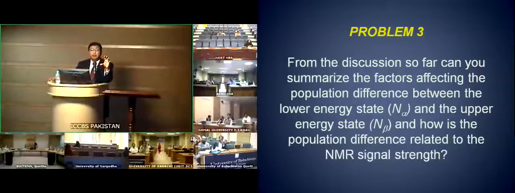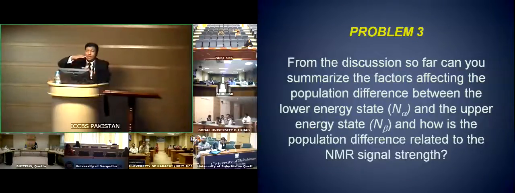And I told you that the population difference is your NMR signal, right? And I also told you that del E is directly proportional to V naught. So if you have a 100 megahertz NMR, let's say a 1.5 Tesla NMR machine, you would have a difference in energy so much. The population difference would be only tiny.